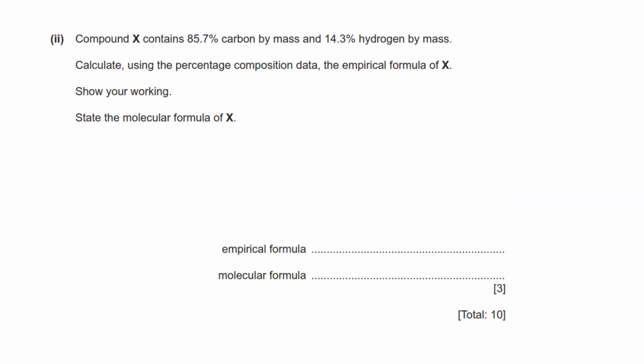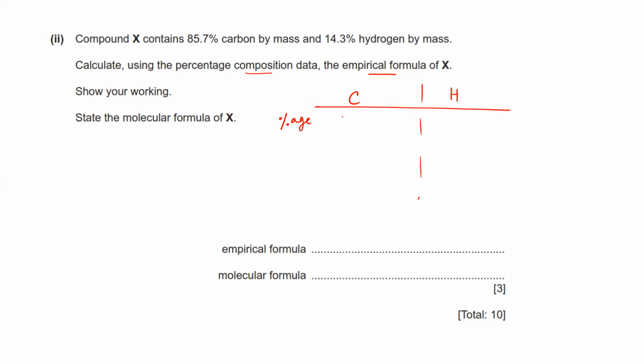Then it says compound X contains 85% carbon by mass and 14.3% hydrogen by mass. Calculate the percentage composition data and the empirical formula of X. So we have carbon and hydrogen.